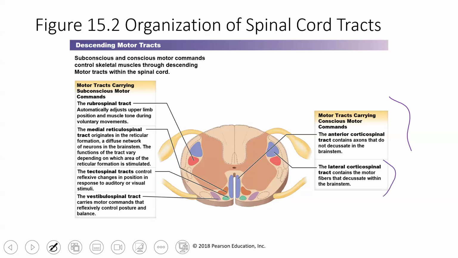And here we can see lateral corticospinal tract containing motor fibers that do cross. Okay, so it's about an 80-20 system. So about 80% are going to cross, about 20% are not going to cross. Sometimes you'll read 90% and 10%. So it's the majority and then a smaller amount.